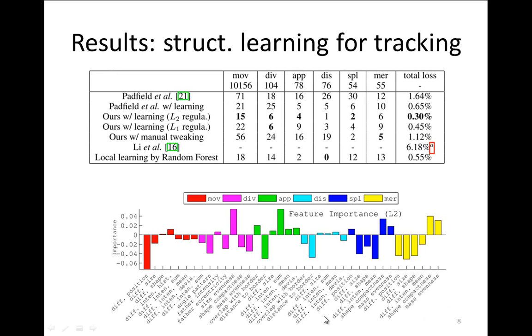And down here is a long list of the features, here difference in shape, difference in size, difference in the intensity mean, and so on. So anything that you can think of which somehow describes your problem. And for some of these weights, you can guess from the outset if their sign is going to be positive or negative.